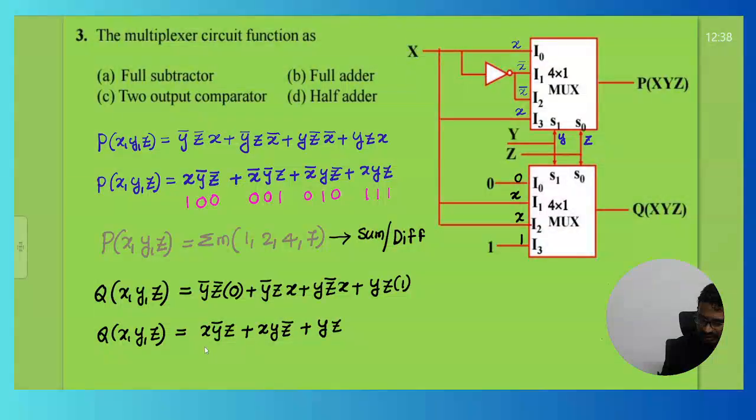So what will come? This is 1, 0, 1, 1, 1, 0. This is, I can say, 0, 1, 1, 1, 0, 0. So you can tell me the minterms here. What minterms will come here? You can see. So these minterms come to be what?